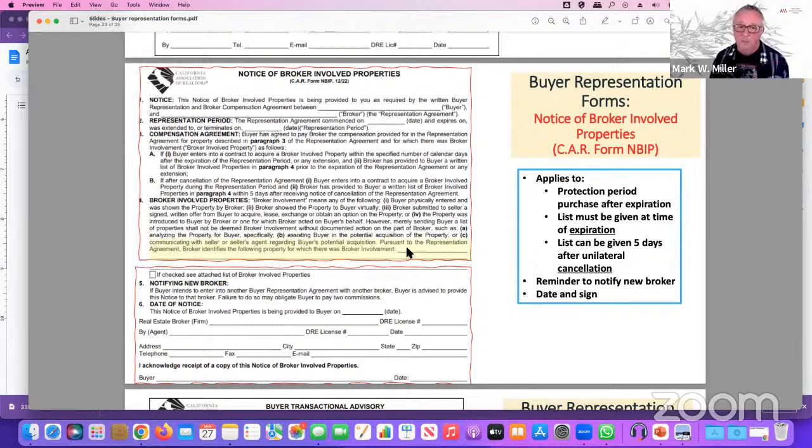And you have to deliver this notice in that unilateral cancellation, non-exclusive situation within 5 days after you've received that notice that the buyer wanted to cancel. If it's an exclusive representation, then the parties have to give one another 30 days, and that notice of broker involved properties can be transmitted within that 30-day period of time.